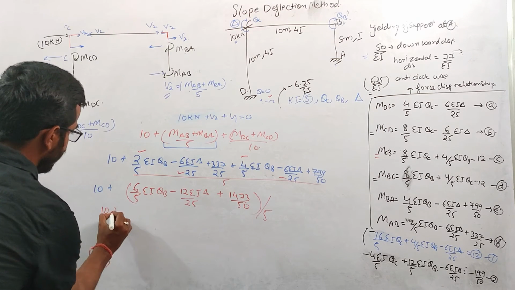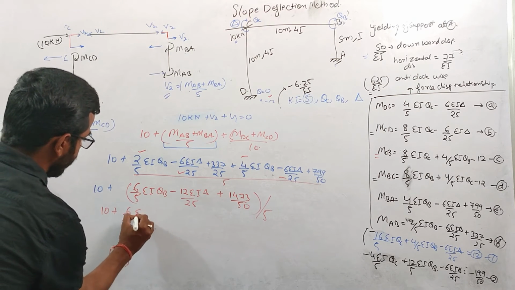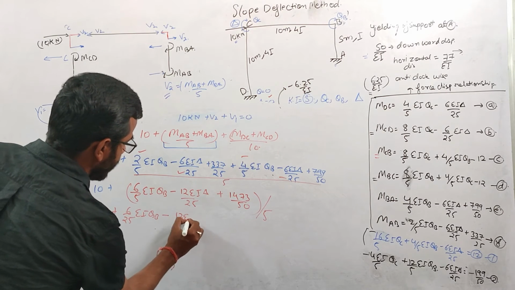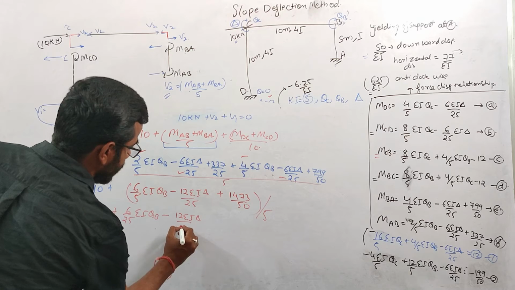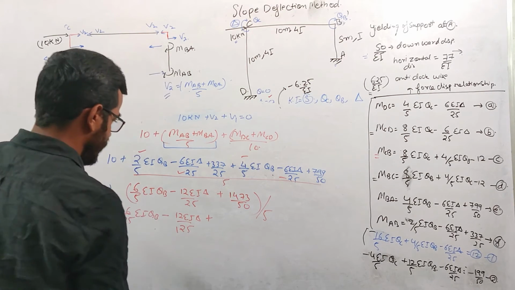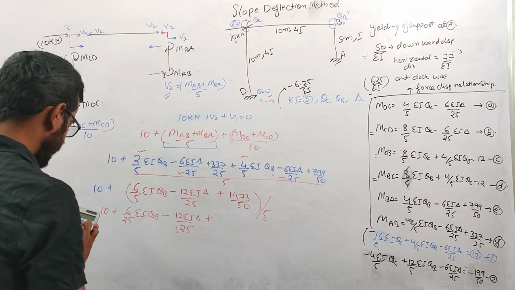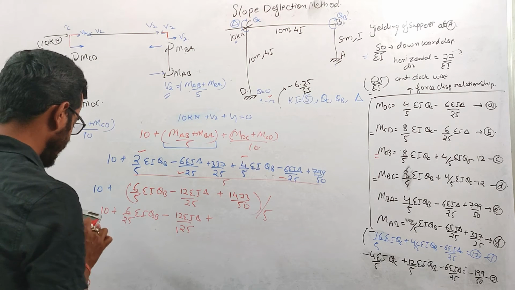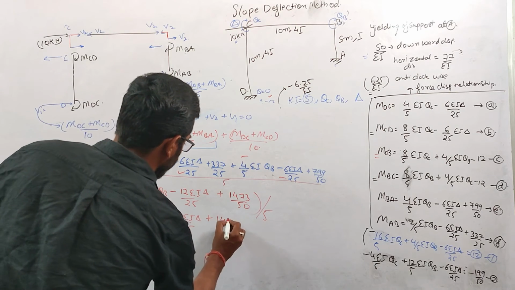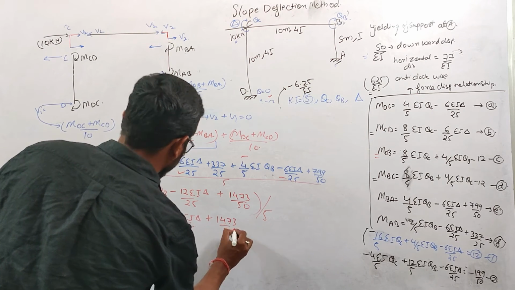So the value will be 10 plus 6 over 25 EI theta B minus 12 EI delta by 125 plus 1473 divided by 50 divided by 5. So this value is 1473 divided by 250.